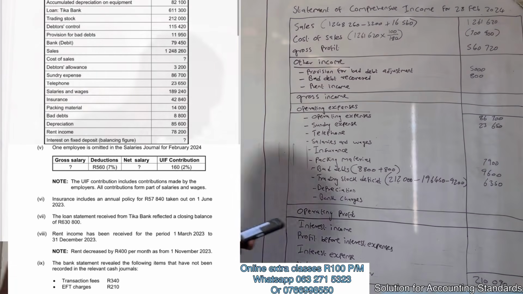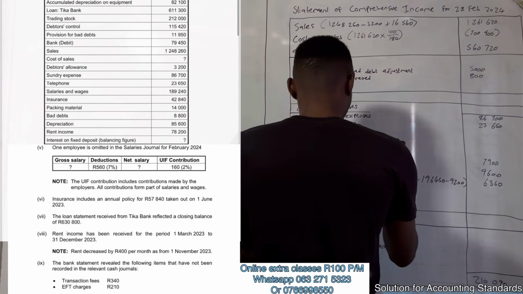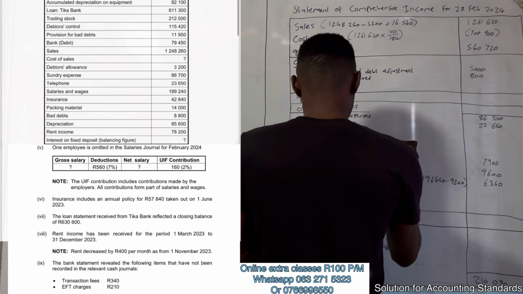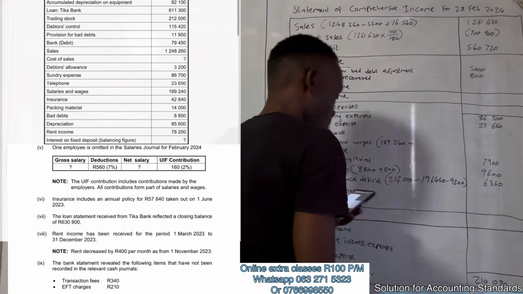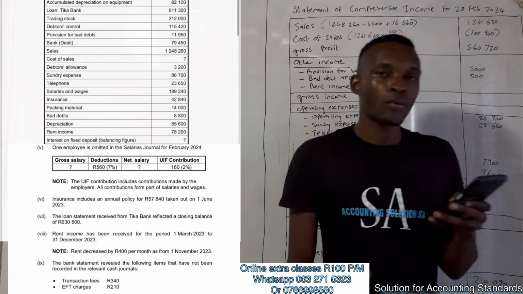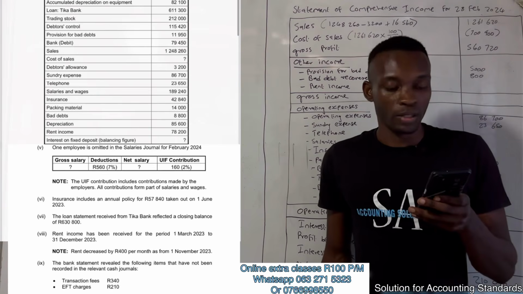Okay, at the beginning, salaries and wages was 189,240. Remember, we must add the one which was omitted. The question is, which one to add? Obviously, guys, we add a gross salary, which is not given here.